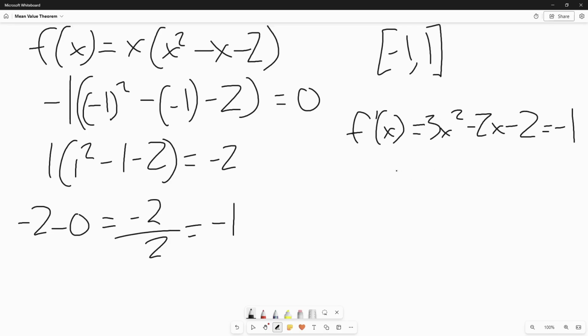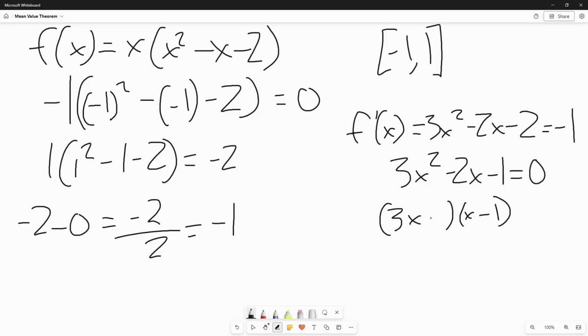And now we just solve for x. So 3x squared minus 2x minus 1 equals 0. And we can factor this, making it like this. Using the zero product property, we can figure out that x is going to be 1 or -1/3.